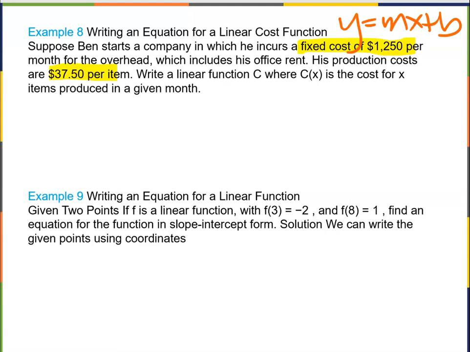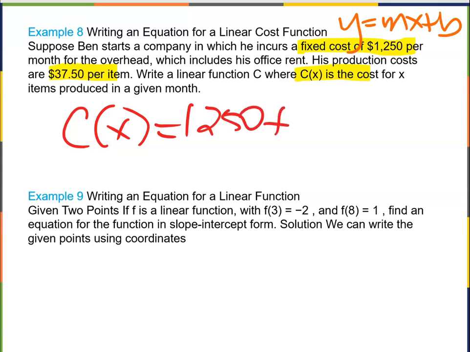And the variable cost, which we call the marginal cost, is represented by $37.50. So we can write in terms of C of x here, it is equal to the cost at the beginning, $1,250, plus $37.50 x. So that is the answer.